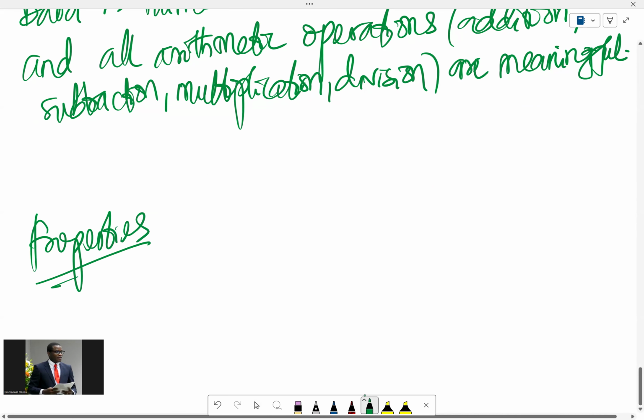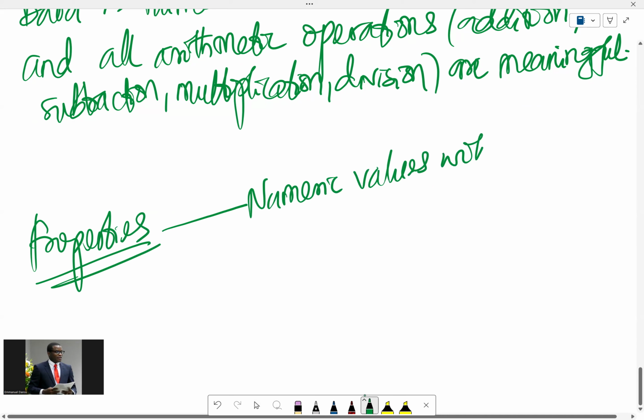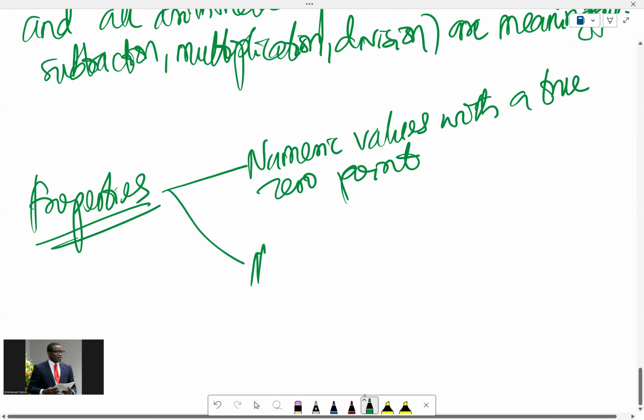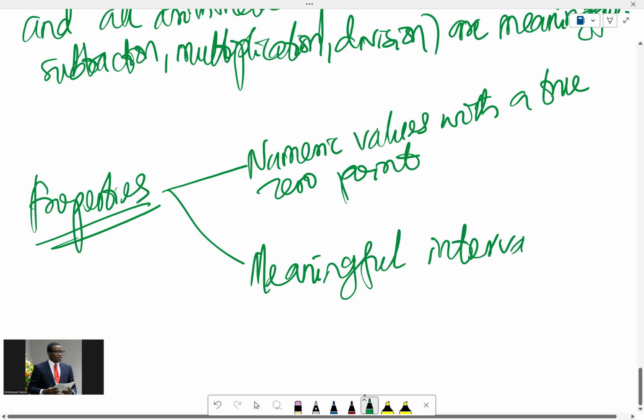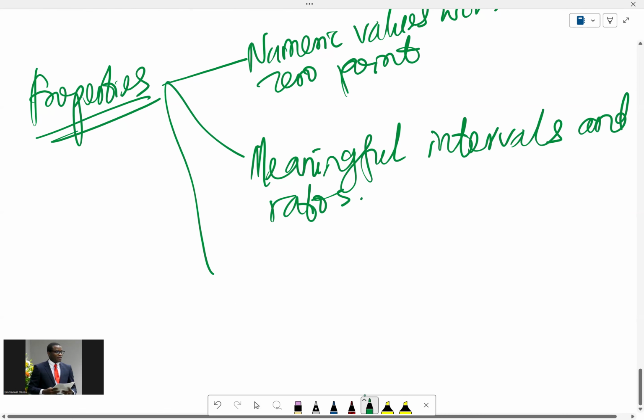First property, just like we said, it has numeric values with a true 0 point. Apart from that, we have meaningful intervals and ratios, and then it allows all arithmetic operations.